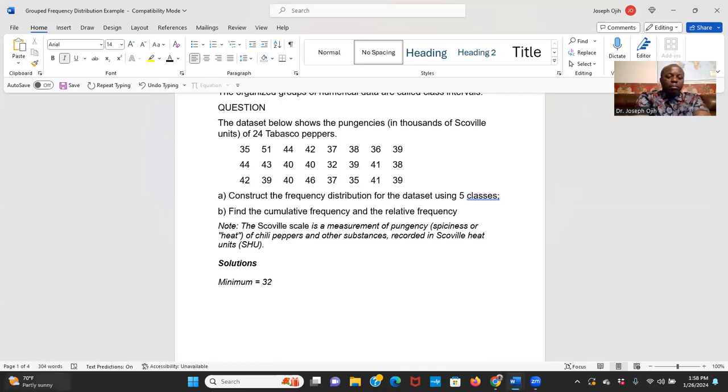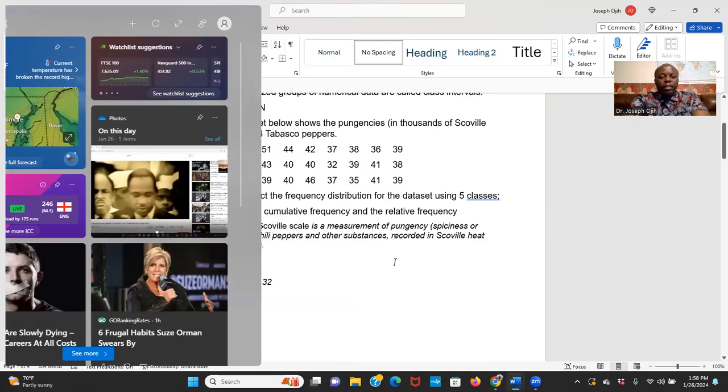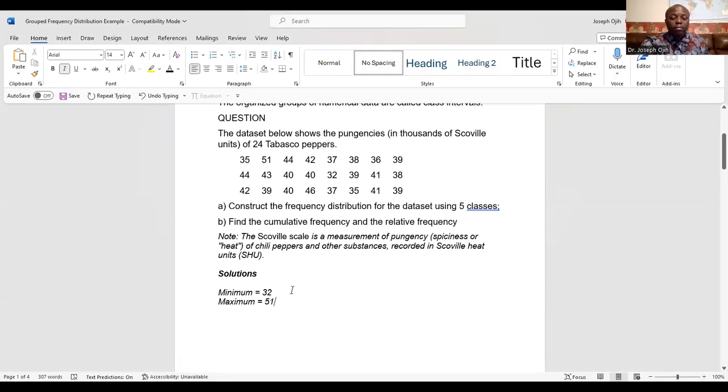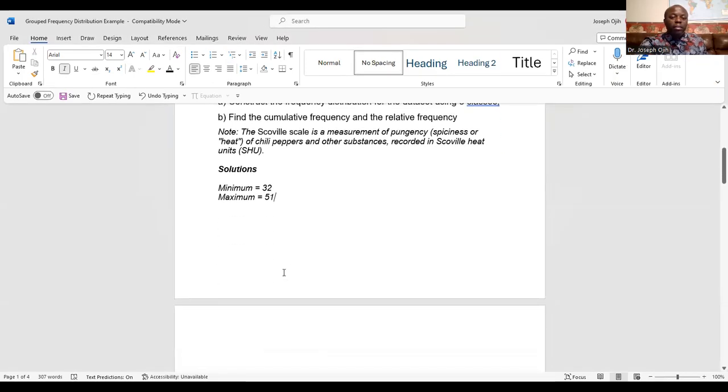Then let's look at the maximum, which is the largest number. When you look at the list, you can see that 51 is the maximum, right? Let me make sure you guys are seeing this. 51 is the maximum. You can see right there.